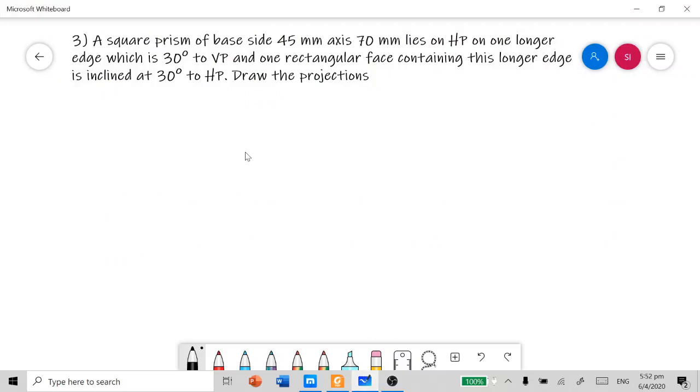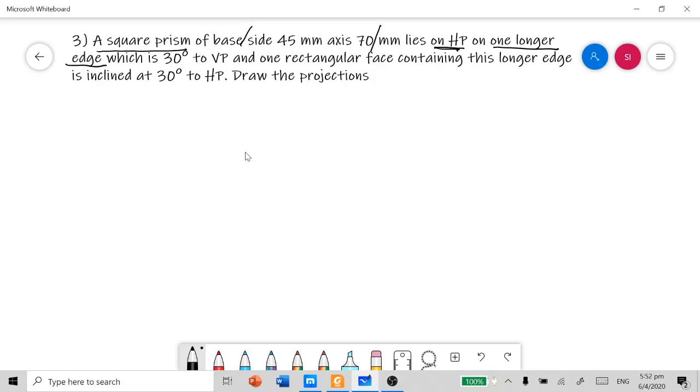Here you can see one thing. The object given is a square prism, and its dimensions are given as base side 40 mm and axis height 70 mm. It lies on HP with one longer edge. So this square prism has 4 longer edges.